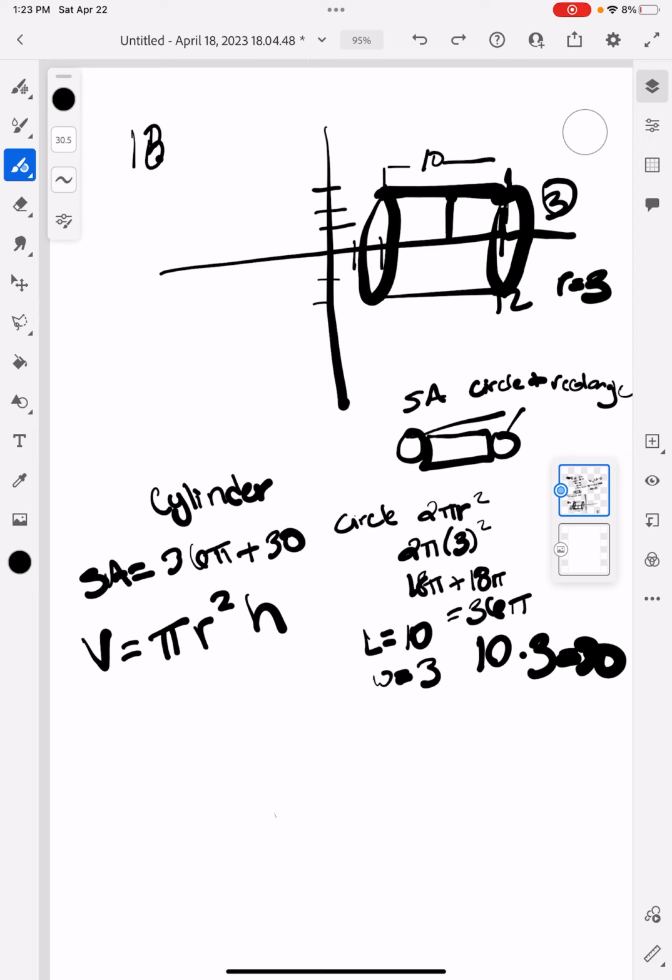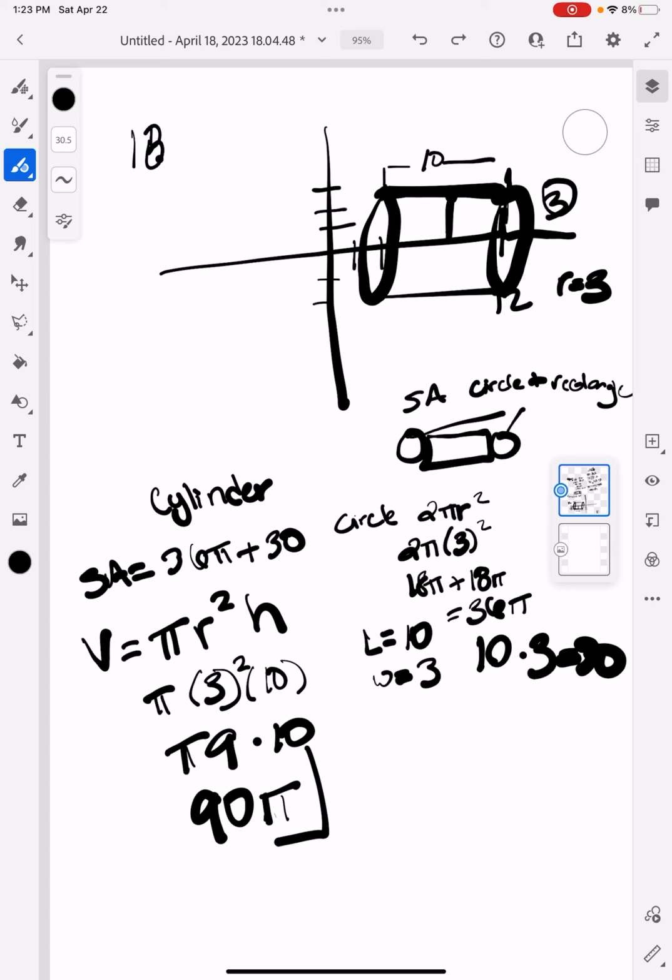H is how long that top piece of the cylinder is, which is 10. And I already found the radius when I did the surface area of the circle. So then I'm going to get pi times 9 times 10, which is 90 pi for my volume. And so that's how you're going to tackle number 3, 17, and 18.